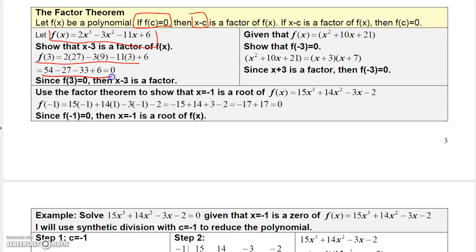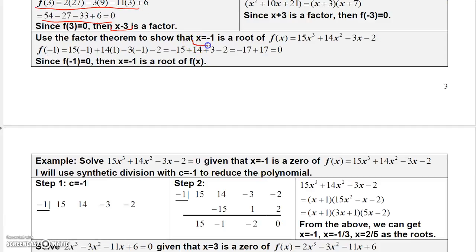So what that tells me is that x minus 3 is a factor. Here, if you show that f of negative 3 is 0, then you know x plus 3 is a factor, so f of negative 3 should be 0.